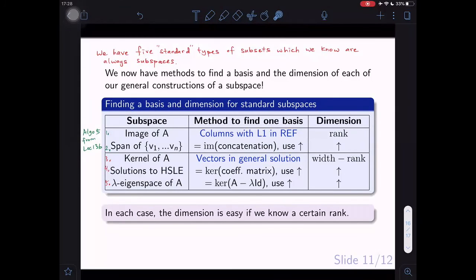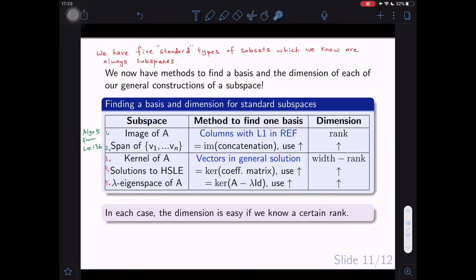In the last lecture, we have seen a general method for finding a basis for these types of subspaces. We do row reduce and look for the columns with a leading one, and we take the original columns from the matrix A corresponding to those columns with leading one and use those as our basis vectors.